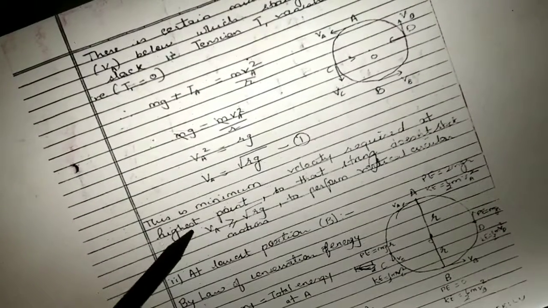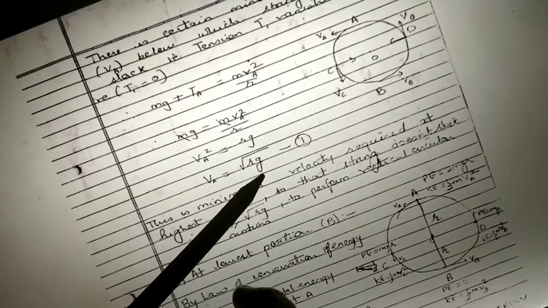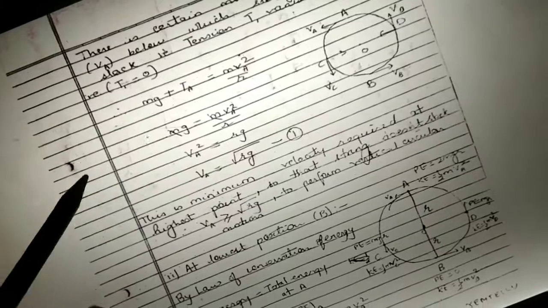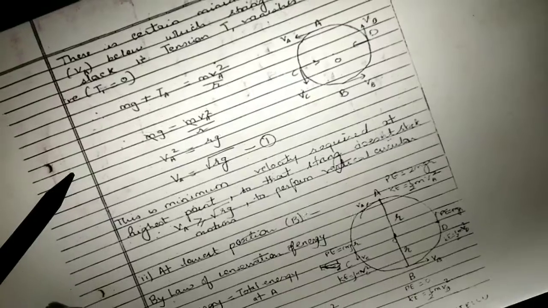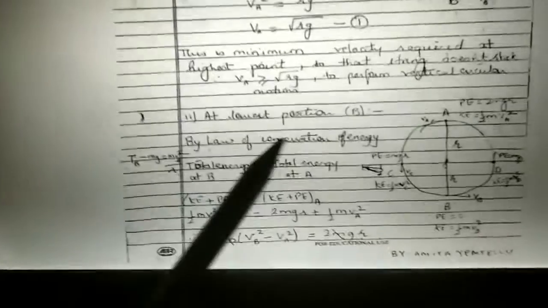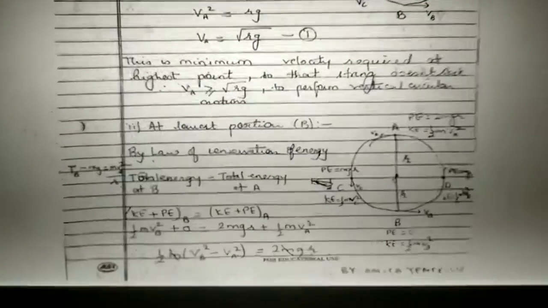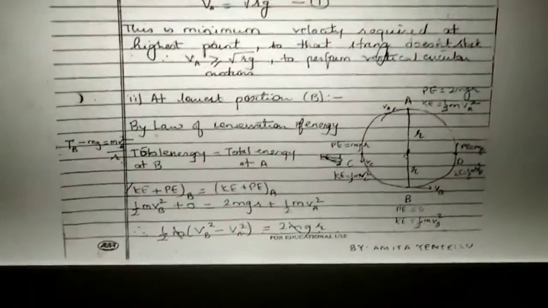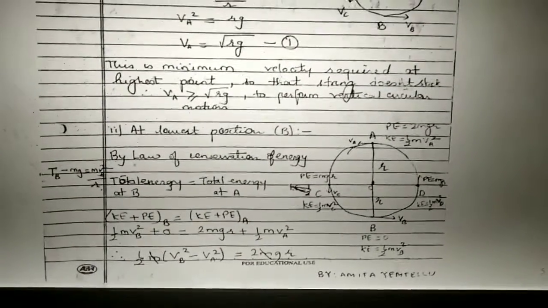So whatever velocity we provide should be equal to or greater than root of rg; only then is vertical circular motion possible. Next we will find the equations at the lowest position, using the law of conservation of energy. Now, how to use that law?